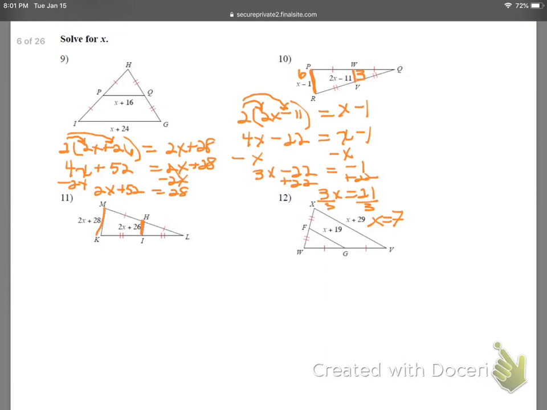I'll let you think about that for a second. So if I subtract 52, subtract 52, I get 2x equals negative 24. Divide by 2, divide by 2, x equals negative 12. Okay, so I'm going to leave it to you to plug in and make sure that works. And while you're doing that, I'm going to get rid of all this extra writing so that we can do question.